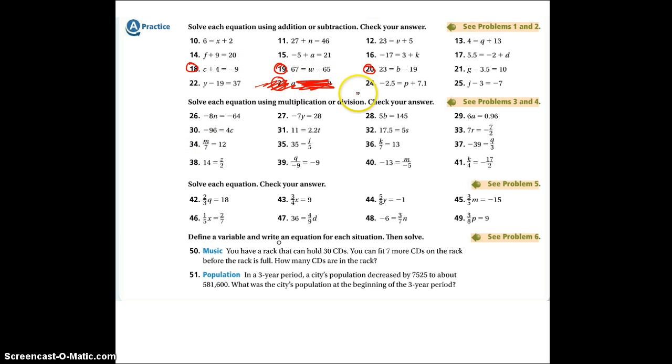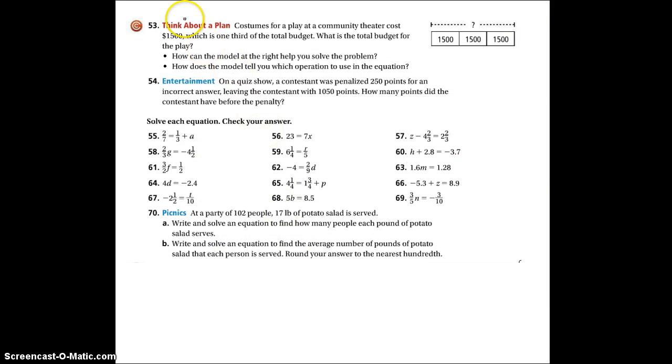So 18, 19, and 20, 32, 34, 37, 39, 40, 46, 47, 50 and 51, and then 53 and 70. For 70, do both parts A and part B.